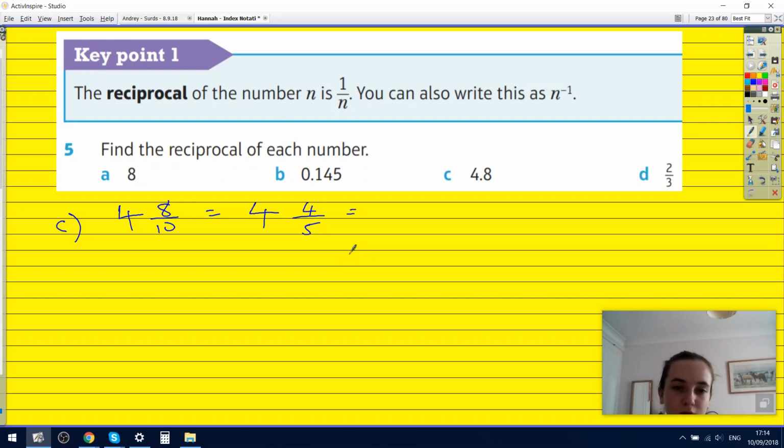So that would be if it was one. So 24 over 5. And so its reciprocal is 5 over 24. Well done. And how about the last one? 3 over 2. Yeah, 3 over 2.